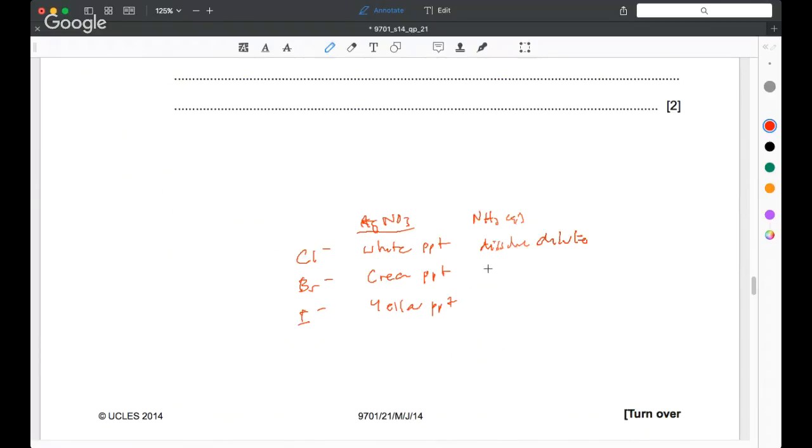This precipitate will dissolve, excuse my writing, I'm still learning to use this pen, will dissolve in concentrated ammonia, and this silver iodide precipitate, this yellow precipitate, is insoluble in both dilute and concentrated ammonia. So that's how you distinguish between the chloride, the bromide, and the iodide.